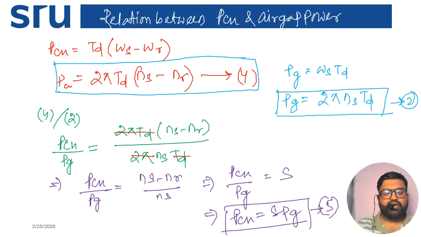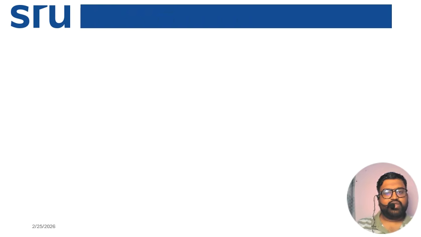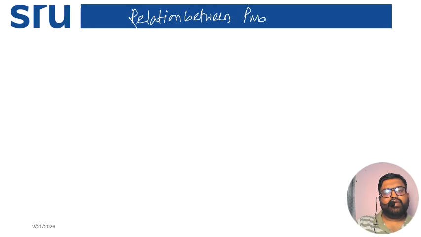Similarly, we can find out another relation. This is a very important relation. Now we can find out the relation between PMD, Pg, and P copper.